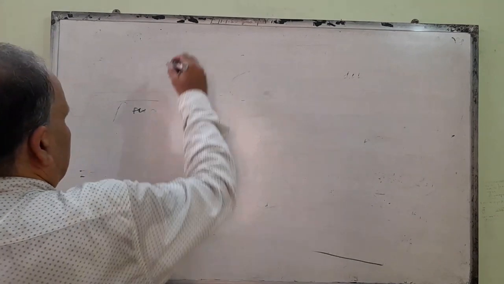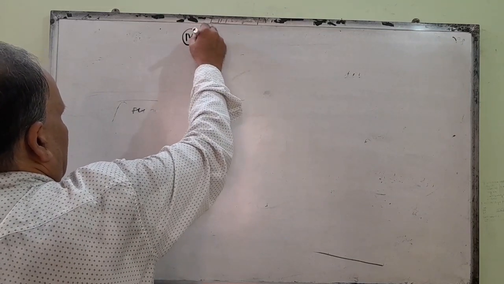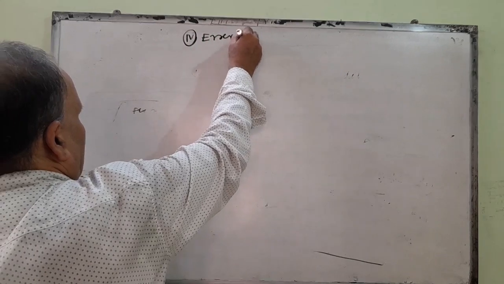You see, next come to errors in power, your fourth rule. Errors in power.